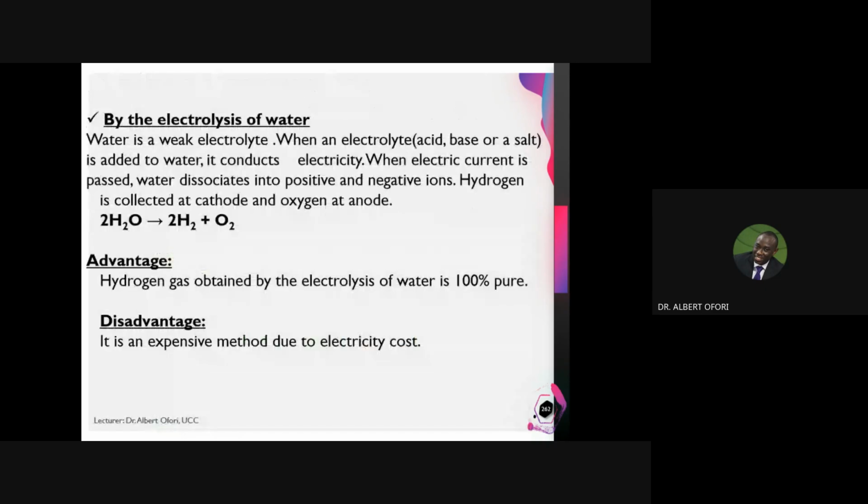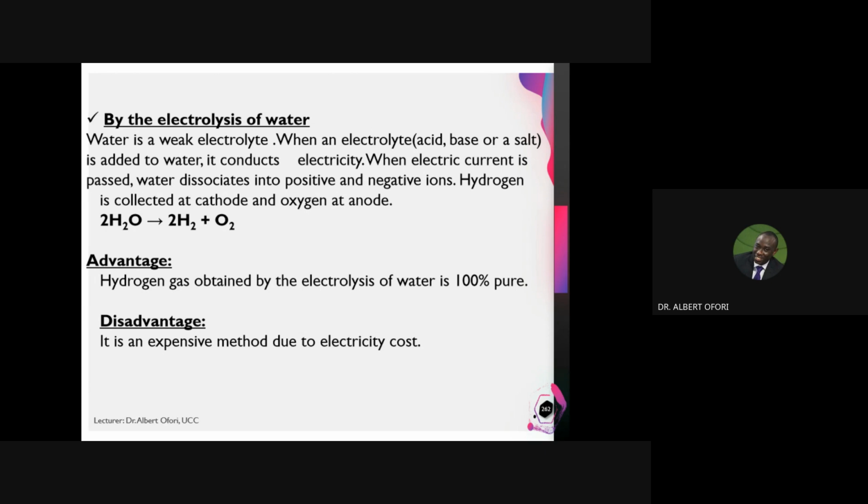Again, we can be producing hydrogen gas from water using hydrolysis. When we break down water, we will produce hydrogen gas from that. And of course, it's even noted here that from water we can be forming pure hydrogen.